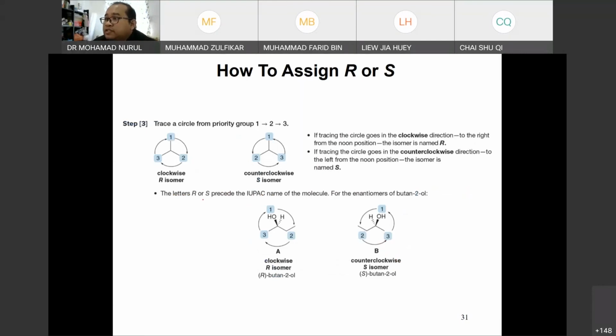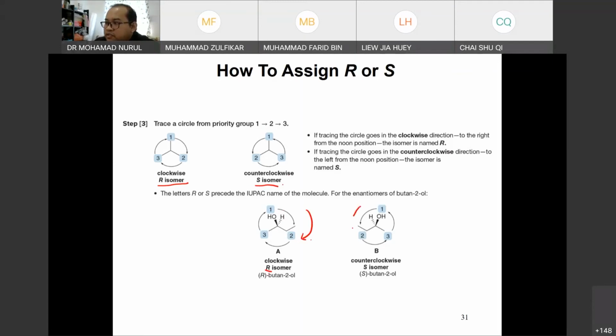So trace the circle from priority groups 1, 2, and 3. This is very important information. Clockwise is R, and counterclockwise, or anticlockwise, is S. For this one, we have 1, 2, and 3 in this direction, so clockwise becomes the R isomer.